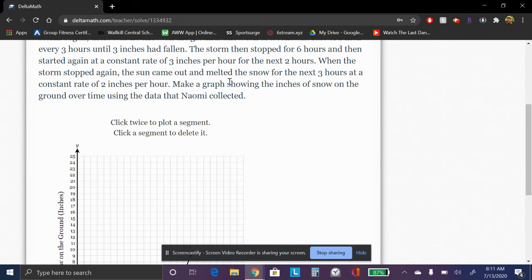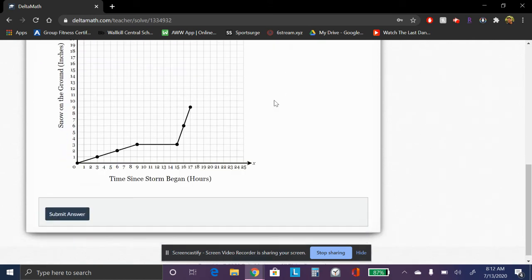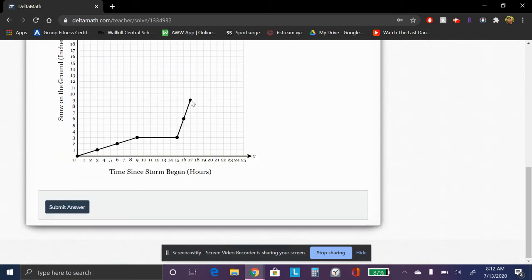And that's it. No, this is when the storm stopped again. The sun came out and melted the snow for the next 3 hours at a constant rate of 2 inches per hour.